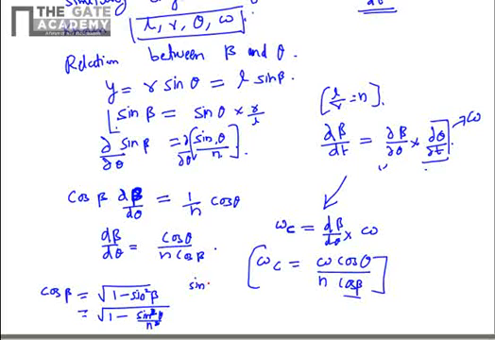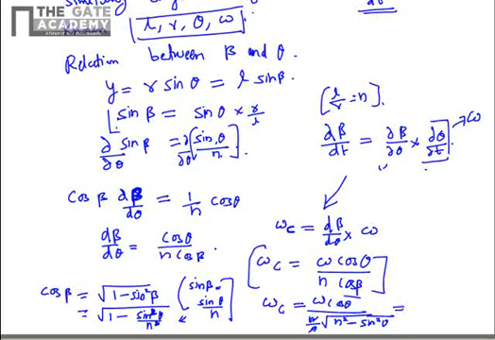So we can substitute here and get the angular velocity of the connecting rod: omega cos theta by n times square root of 1 minus sine square theta by n square. Taking n square in the numerator and doing the summation, the n comes outside and gets cancelled out. So finally we get omega cos theta by square root of n square minus sine square theta. This is the final expression.